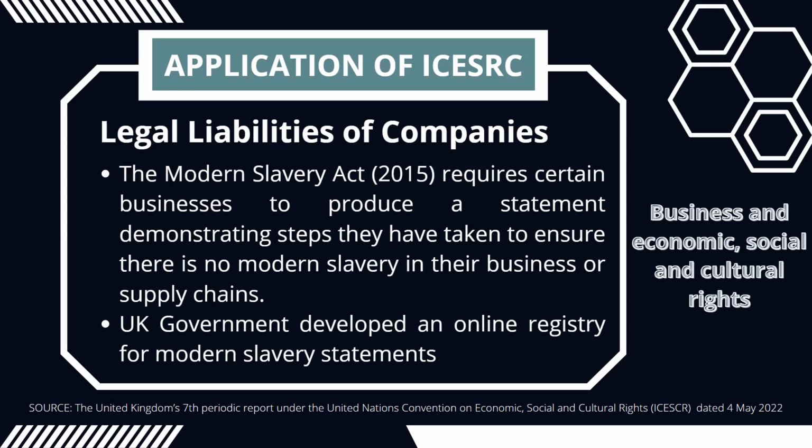The UK government also developed an online registry for modern slavery statements. So following a public consultation on measures to strengthen the legislation, the UK government has also extended reporting to public bodies in order to create private and public sector parity and enhance transparency by developing an online registry for modern slavery statements.